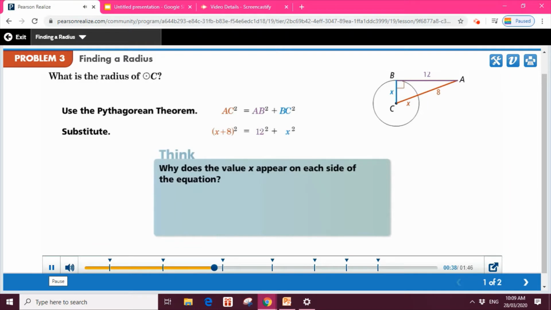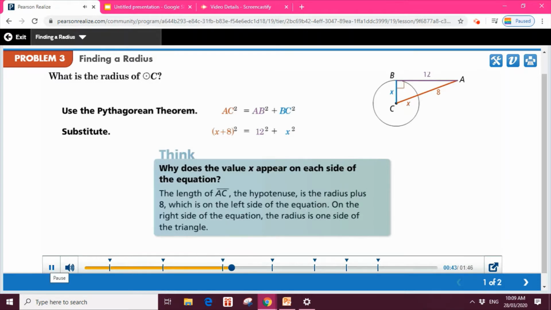Why does the value x appear on each side of the equation? The length of segment AC, the hypotenuse, is the radius plus 8, which is on the left side of the equation. On the right side of the equation, the radius is one side of the triangle.